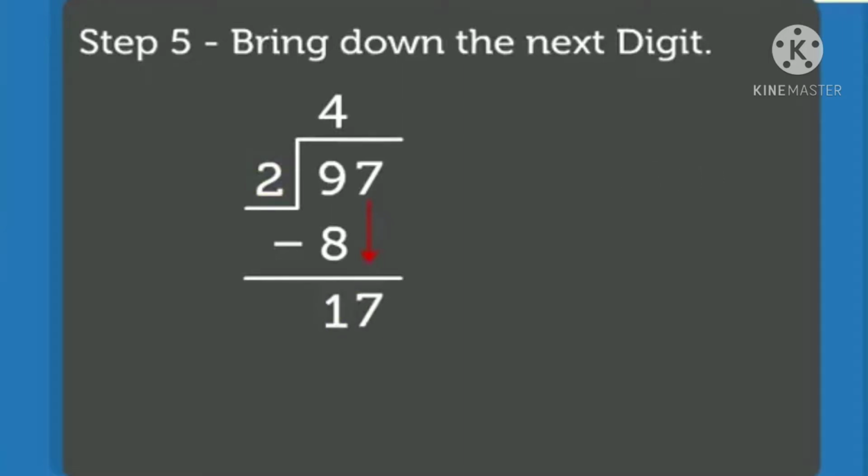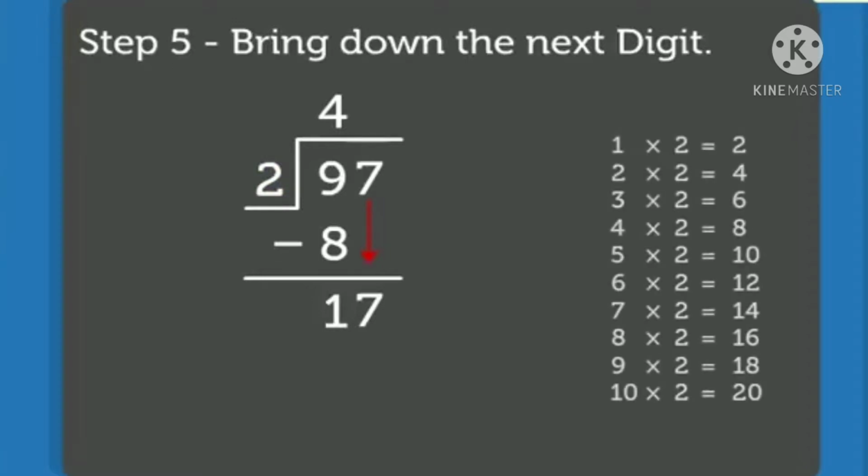Here, we use the table of 2's such that the product is less than or equal to and nearest to 17. The nearest product is 16. So, we write 8 above the 7.